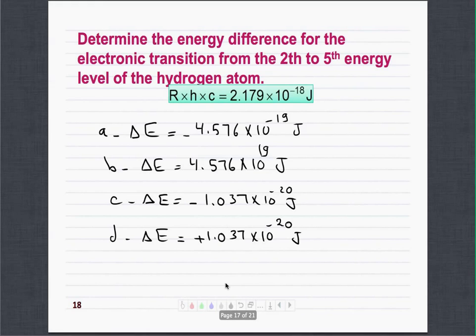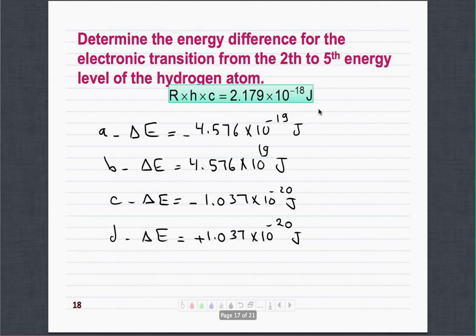So, first of all, delta E equals minus R H C times 1 over n squared minus 1 over n squared. Just to make it easier to use, I multiplied R times H times C. In the exam, you don't need to do that; you will be given all of those.